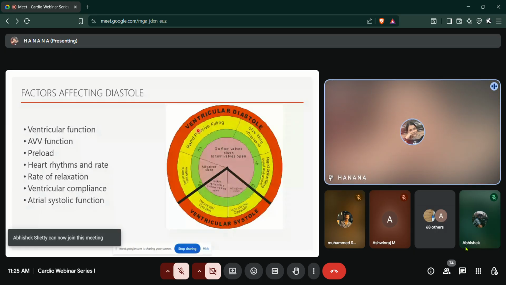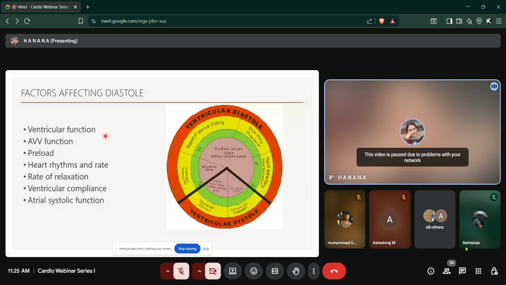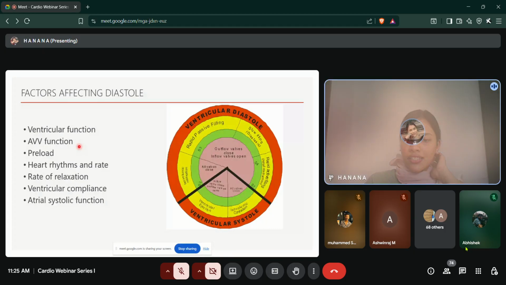And diastolic function is affected by left ventricular filling pressure, which we have already talked about, and AV valve function. If the mitral valve or tricuspid valve is affected, or if it is not opening that much, as in mitral stenosis, the diastole is also affected because the heart is not getting enough blood.